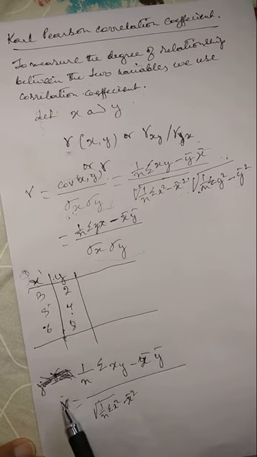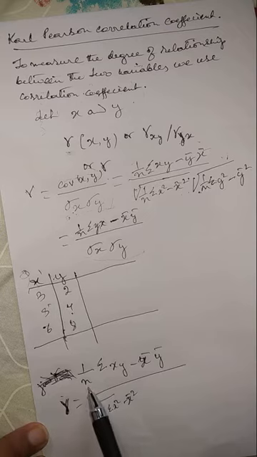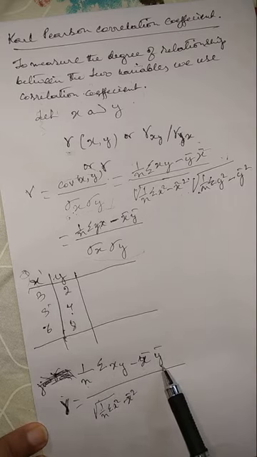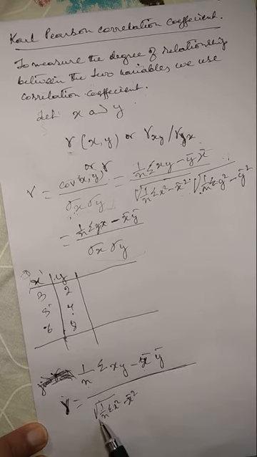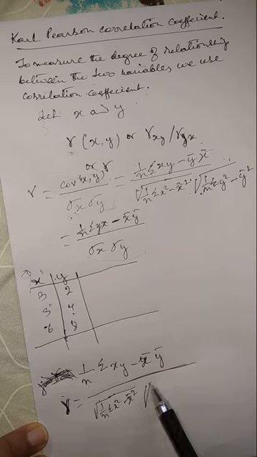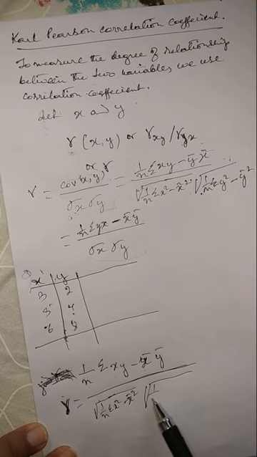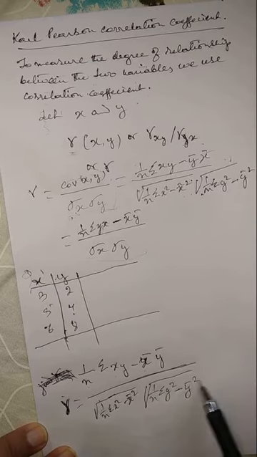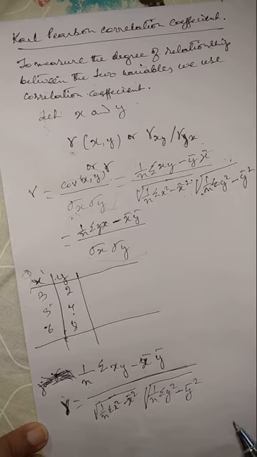Correlation coefficient. Okay, this is the correlation coefficient equal to 1 by n summation xy minus x bar y bar, by the standard deviation of x and the standard deviation of y, 1 by n summation y square minus y bar square. Got it?